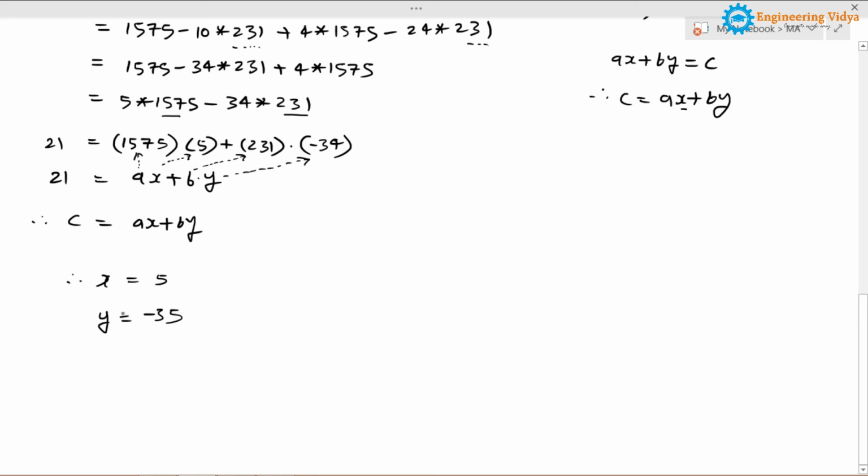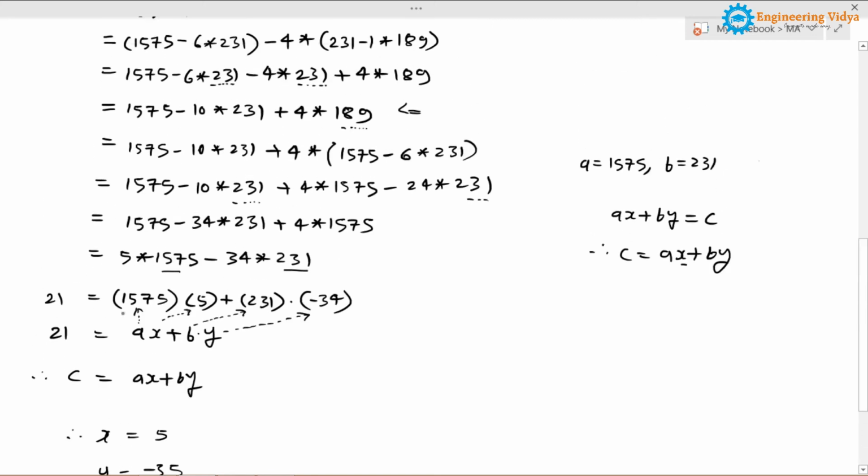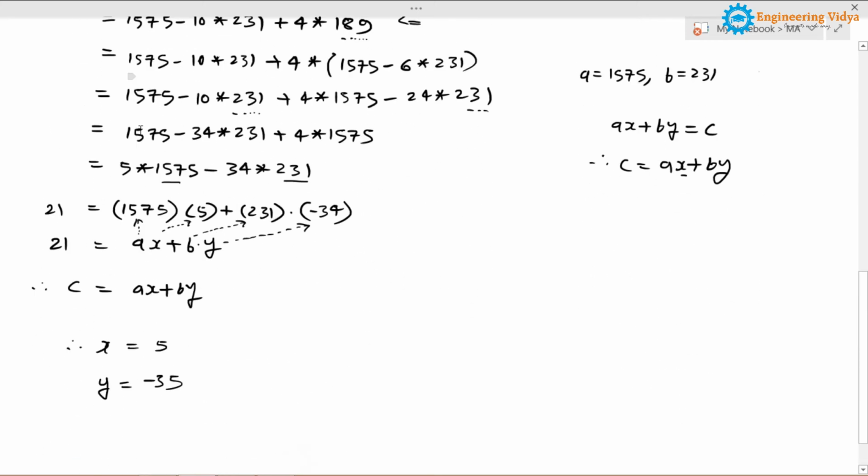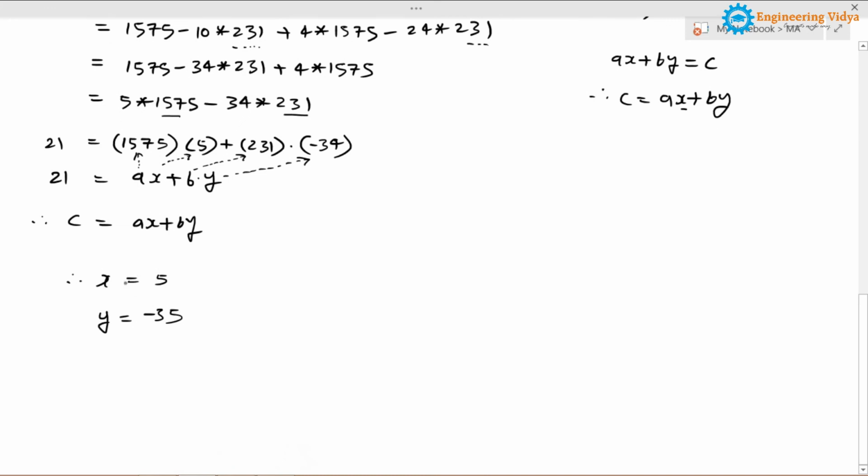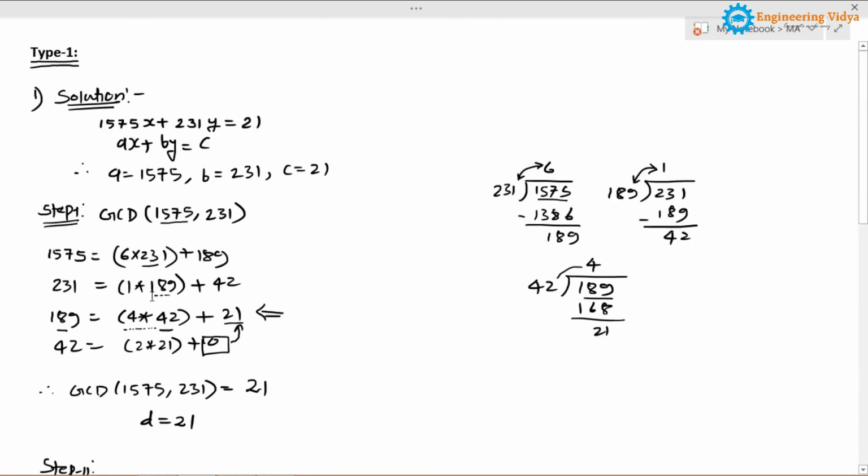But the rule is very simple. Whatever value you get at step number 2, this is not x and y, this is basically the initial value of x and y. So it is expressed as x0 and y0. So we have calculated x0 and y0. The rule is very simple.